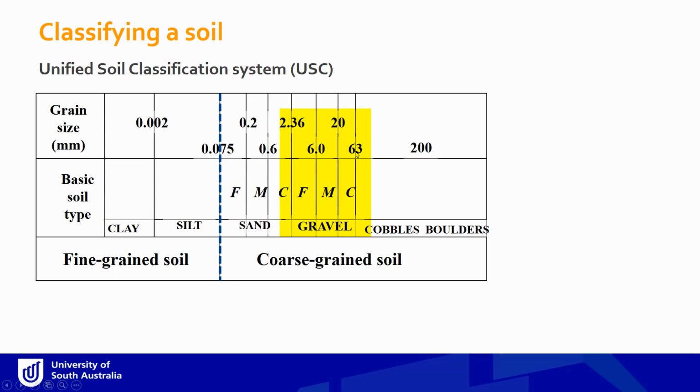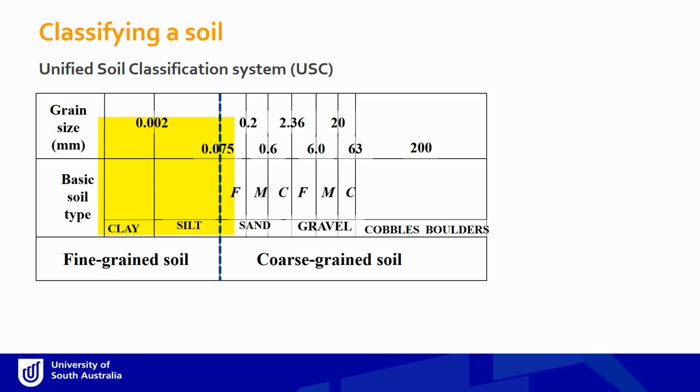So it is slightly different from what we have seen before, as that's a different organization. We'll call a particle a sand if it is within the size of 0.075 millimeter and 2.36 millimeter, and we can sub-classify it as fine, medium, or coarse depending on its size. Anything smaller than that, that is 0.075 millimeter, also called 75 micron, we call silt or clay.